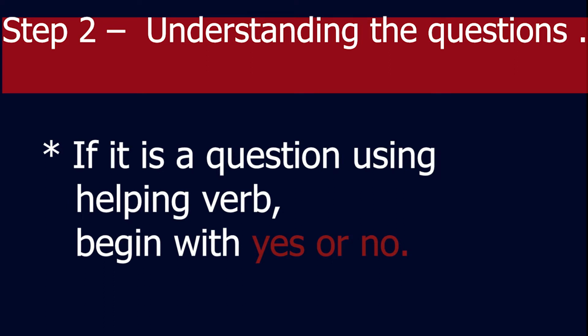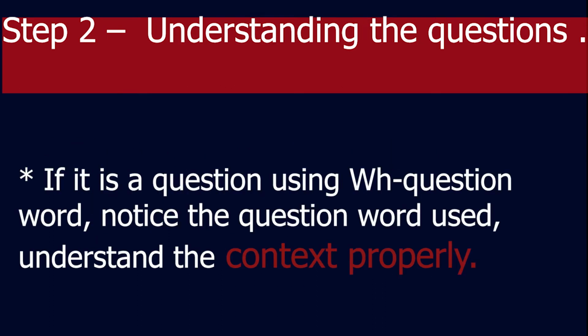If it is a question using a helping verb, begin with yes or no. Or if the question begins with words like is, are, do, does, etc., then begin the answer with yes or no. If it is a question using a WH question word, notice the question word used, and understand the context properly.